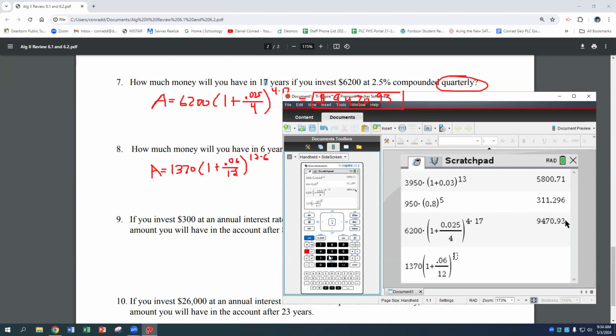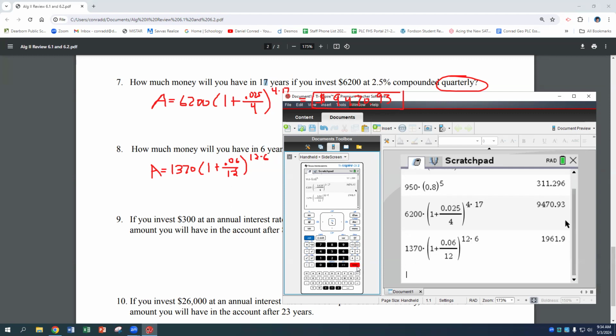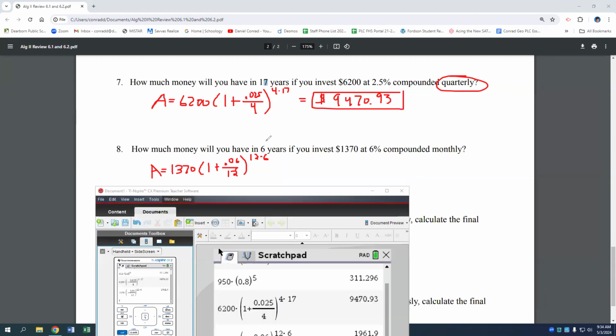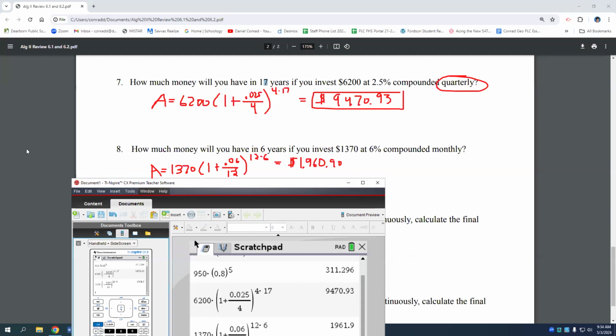And then we're going to raise it to the 12 times 6 power. And we get $1,960.90, right? Good.